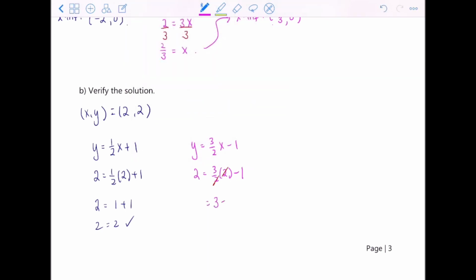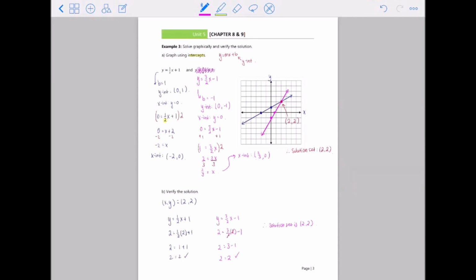So 3 minus 1 equals 2. This one is also valid. So we have verified that the solution set is (2, 2). So that's it for today. I'll see you guys in the next video.